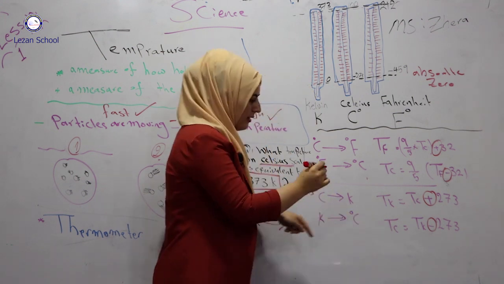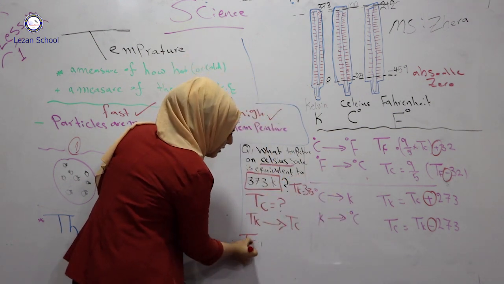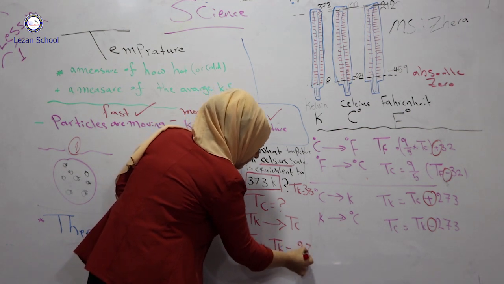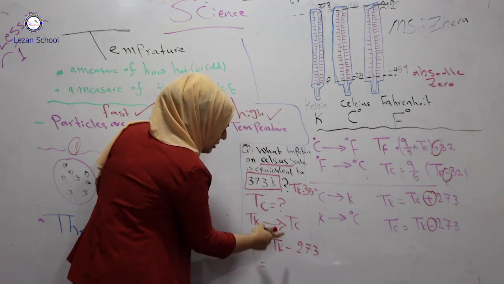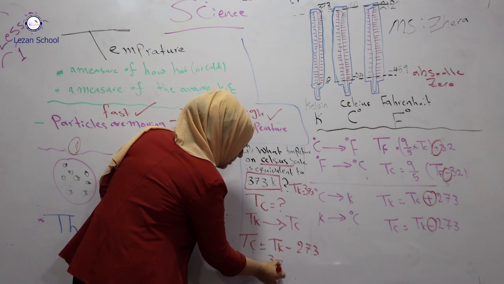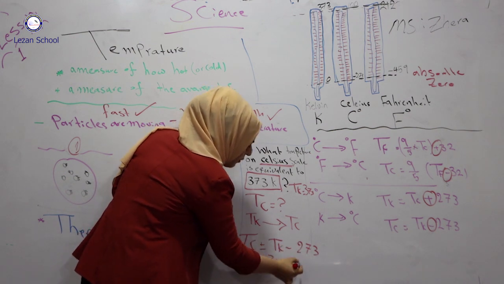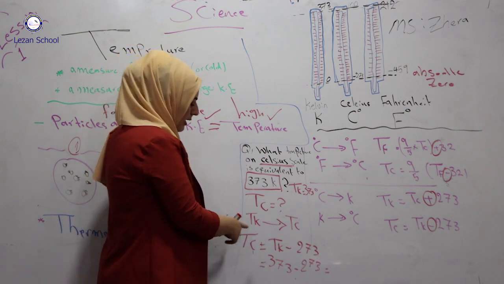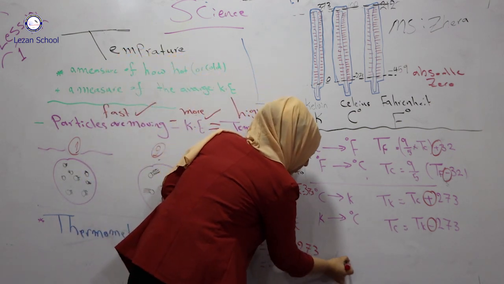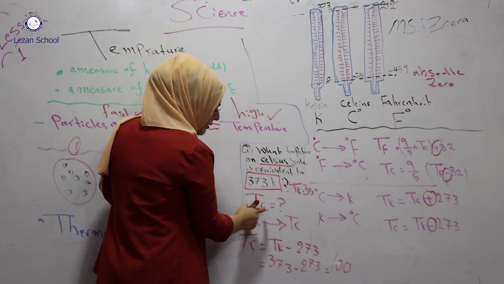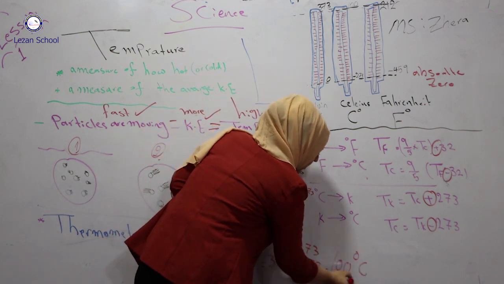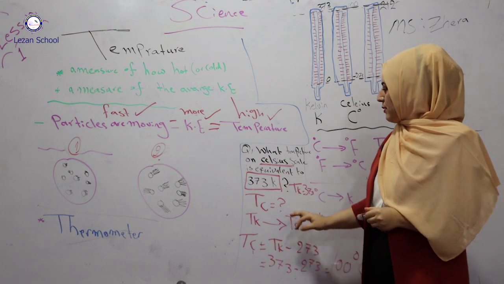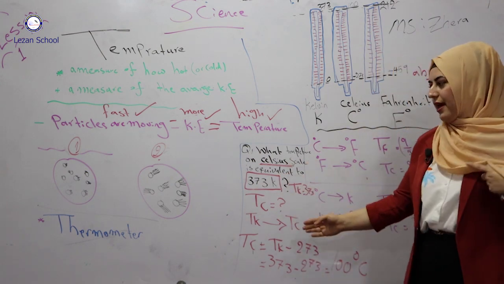This is the rule you write down in the exam: T Celsius equals T Kelvin minus 273. T Kelvin is 373, and the rule uses 273. If you calculate, it equals 100 degrees Celsius. In the exam, all the questions, whether multiple choice or solving, are like that.